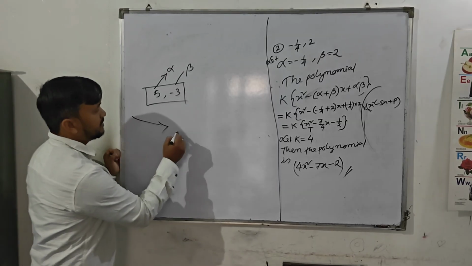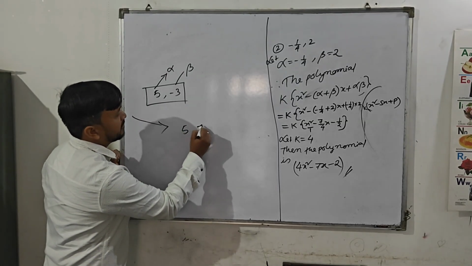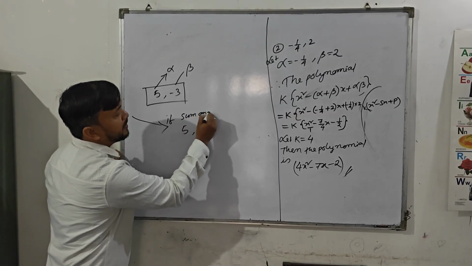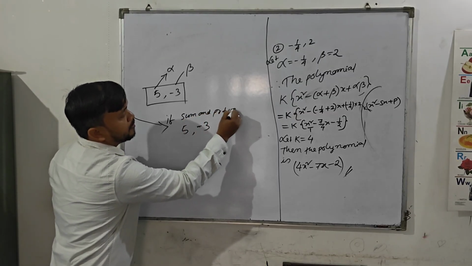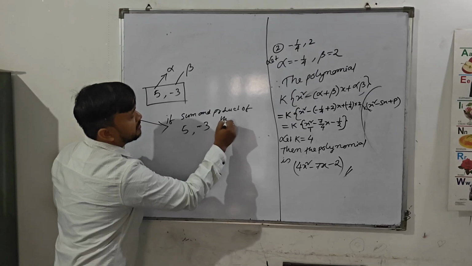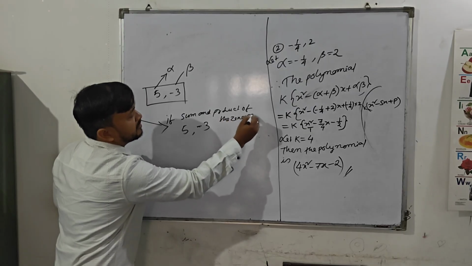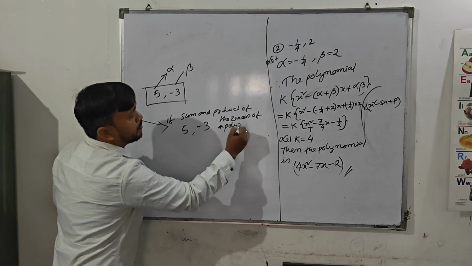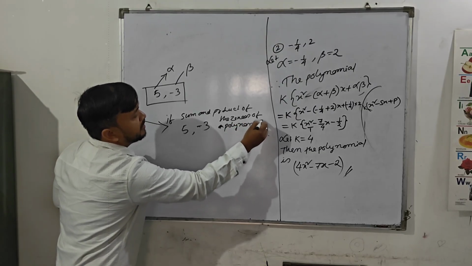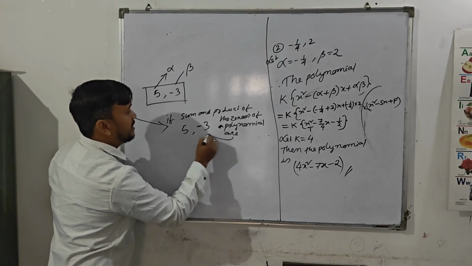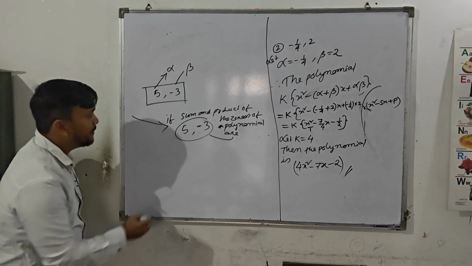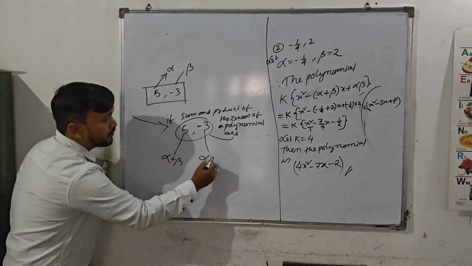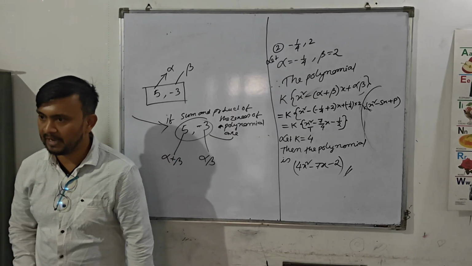But sometimes they say the sum and product of the zeros of a polynomial are this, which means this is the direct value of alpha plus beta and this is the direct value of alpha into beta.